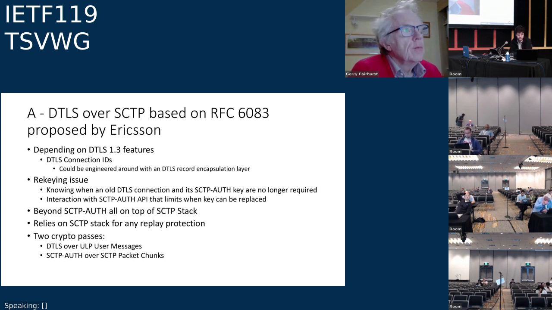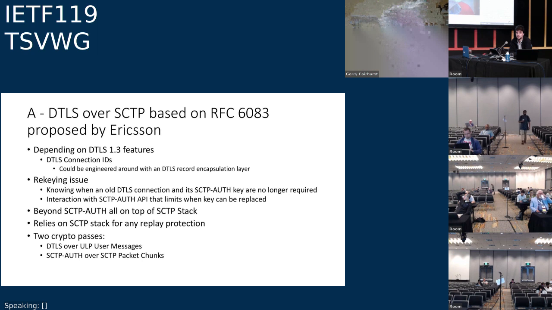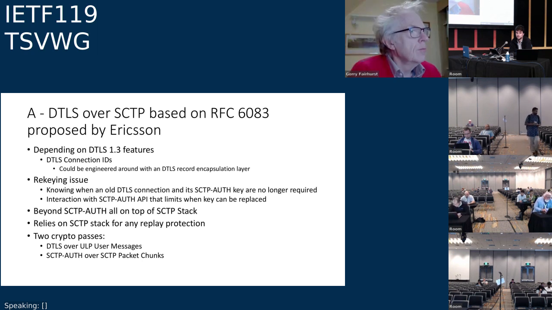Because the upper layer messages being sent are protected by DTLS, and those messages might be sent over different streams at the same time, you have a bit of tracking to do to figure out when all DTLS records protected by an old key have been passed over to that end and processed, so they no longer need the keys before you close it down.